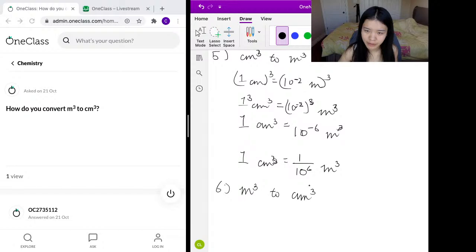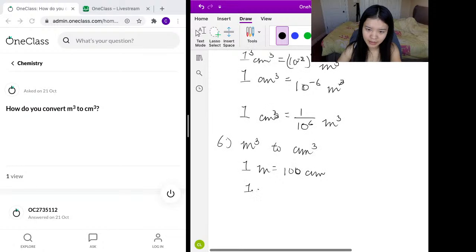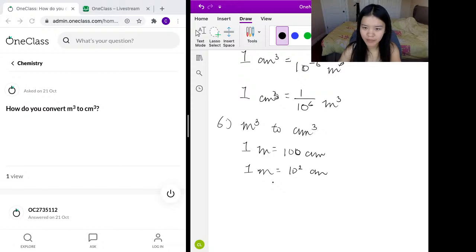We know 1 meter is equal to 100 centimeters, or 10 squared, which is 100. So now we're going to cube both sides to get meters cubed.